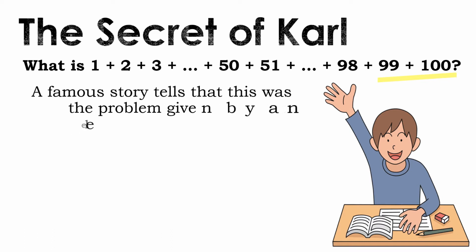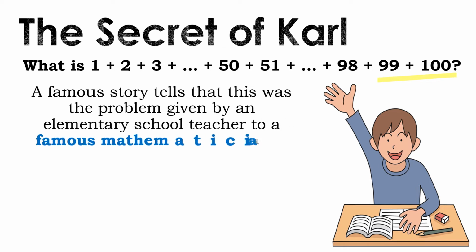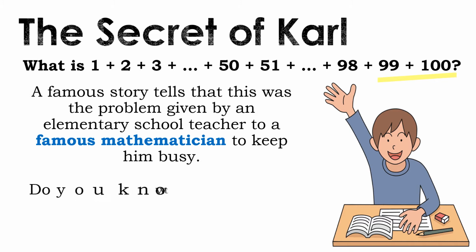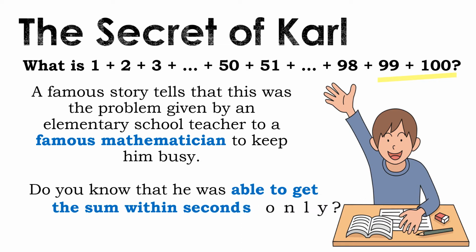This is a famous story that tells that this was the problem given by an elementary school teacher to the famous mathematician to keep him busy because he is too smart. Do you know that he was able to get the sum within seconds only? But how?